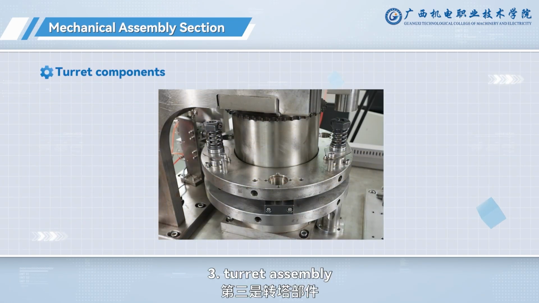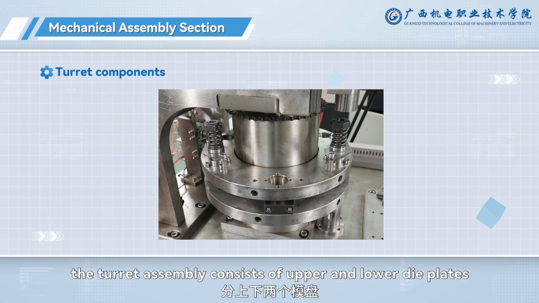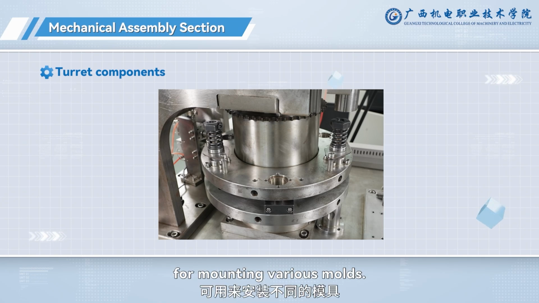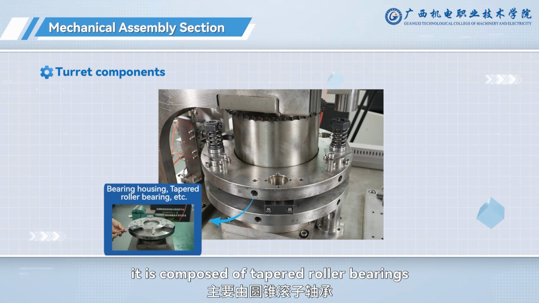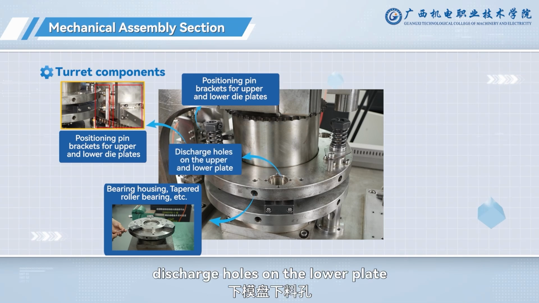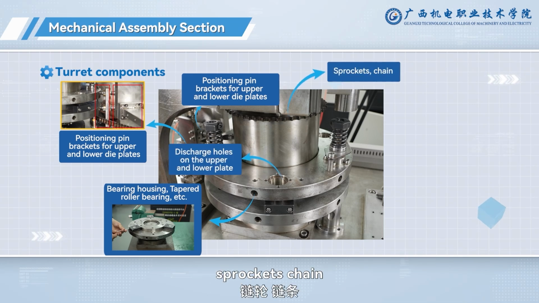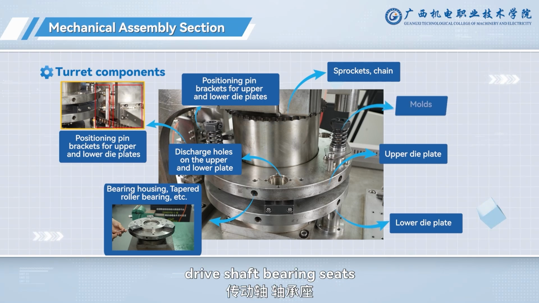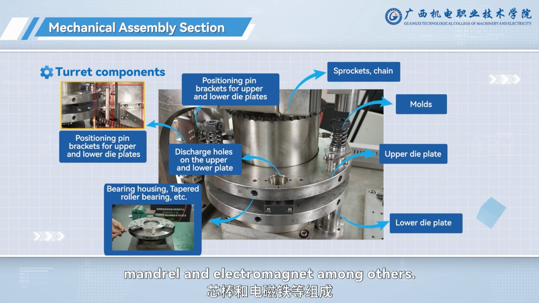3. Turret assembly. The turret assembly consists of upper and lower die plates, with 6 stations in total for mounting various molds. It is composed of tapered roller bearings, positioning pins for upper and lower die plates, pin brackets, discharge holes on the lower plate, sprockets, chain, upper and lower die plates, drive shaft, bearing seats, mandrel, and electromagnet, among others.